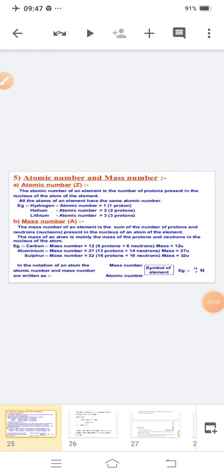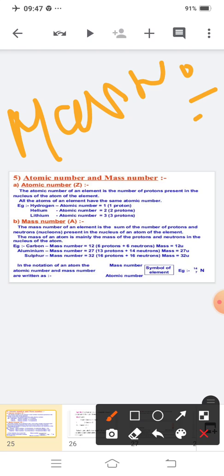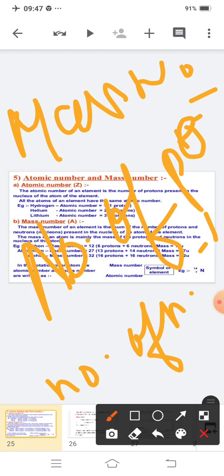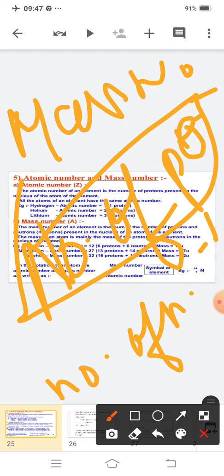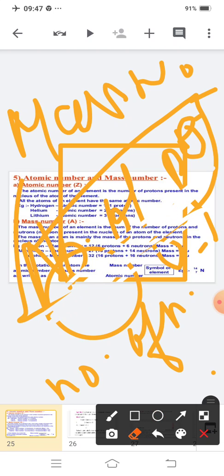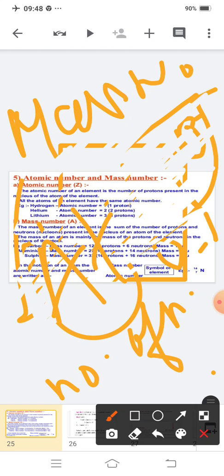You can write the relationship between the mass number and atomic number. We know that mass number is equal to number of protons plus number of neutrons, and we know that number of protons is equal to atomic number. So instead of writing number of protons, you can write atomic number.